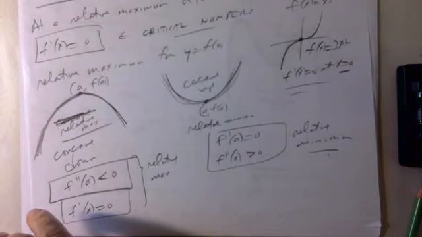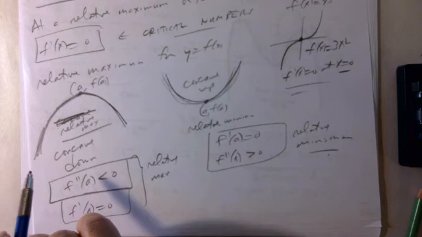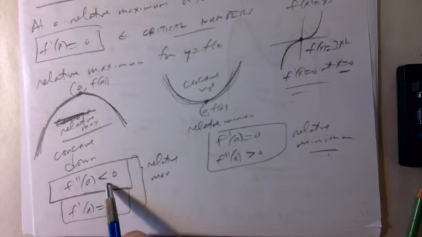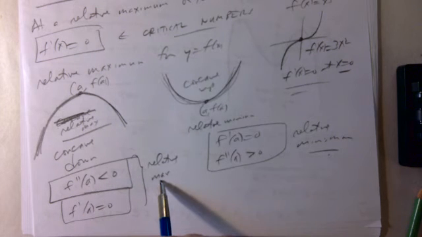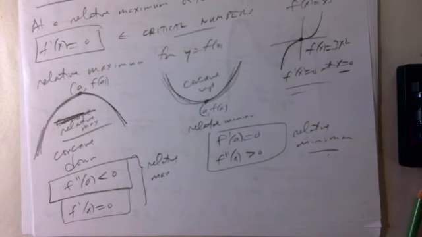a relative minimum. So if you're looking for the relative maxima and minima of a function, you first find the points where the derivative is 0, and then at each of those points, you evaluate the second derivative. If the second derivative is negative, you have a relative maximum. If the second derivative is positive, you have a relative minimum.